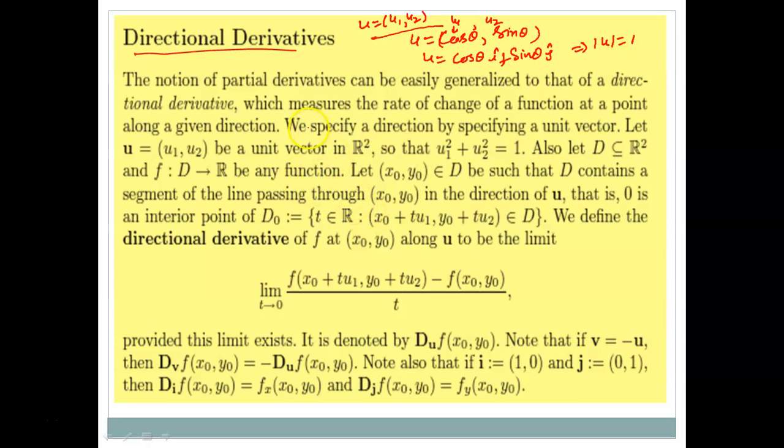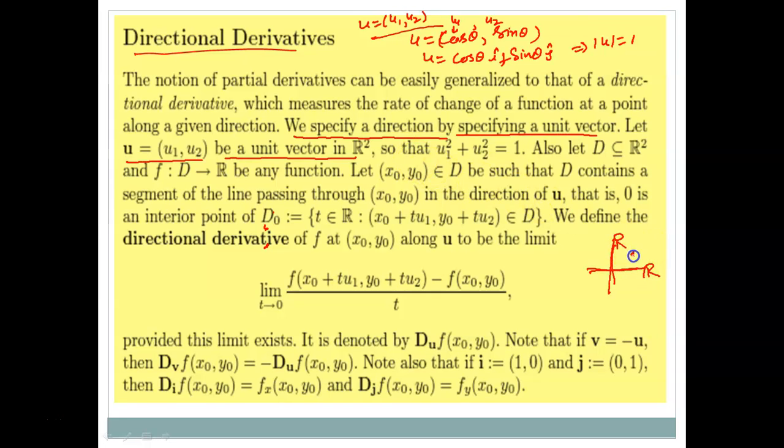Keeping in view this fact, as I have already mentioned, the direction will be specified with the help of a unit vector. We specify a direction by a unit vector. Let u equal to (u1, u2), identified with these two components, be a unit vector in R square. R square means the two-dimensional plane where this is a real line and this is a real line.